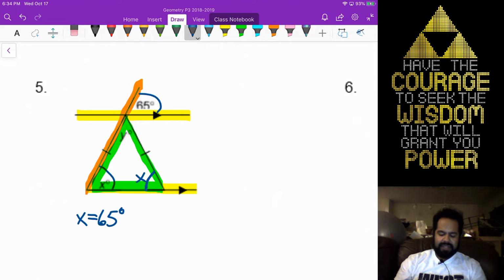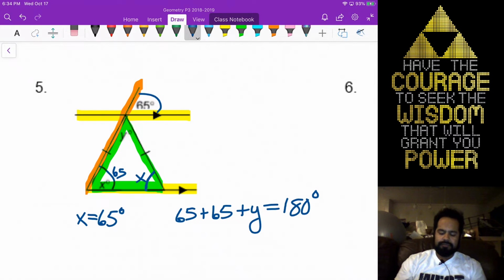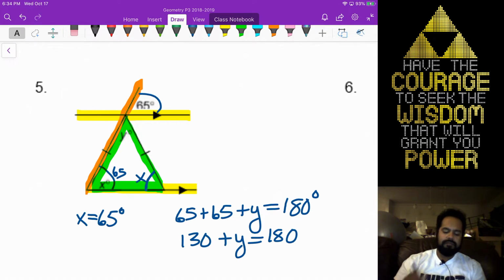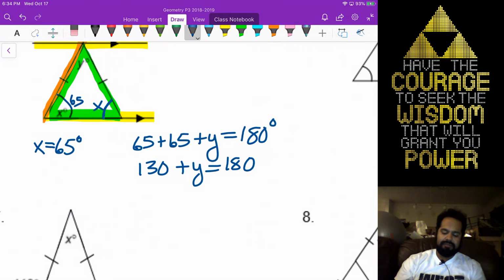So now I know that x, which we said was 65, plus 65 plus y equals 180 degrees. So therefore, y equals 50.